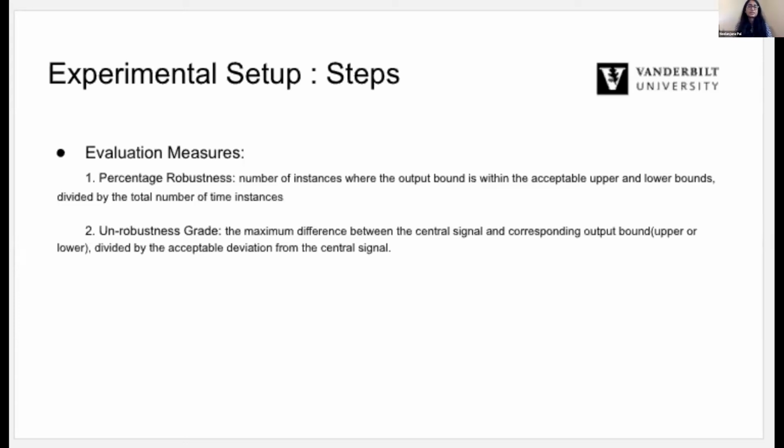And the unrobustness grade, or failure grade, can be defined as the instance where the difference between the acceptable range and the output bound, on the upper or lower side, is maximum, divided by the actual acceptable deviation.